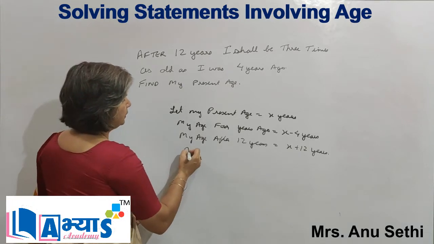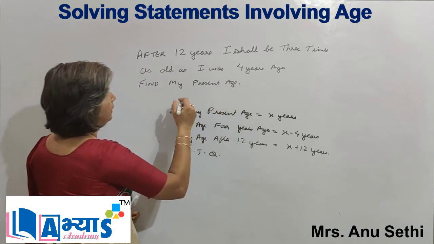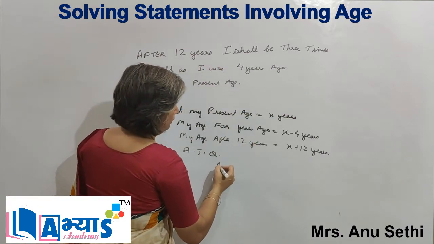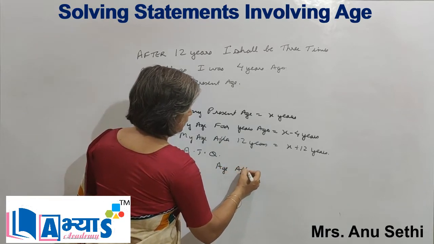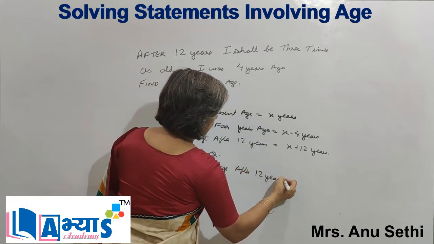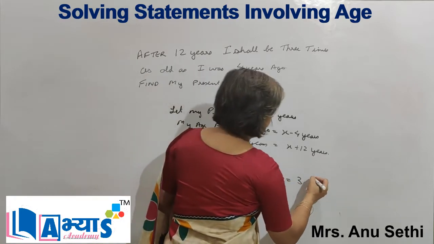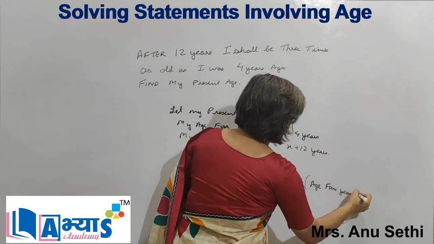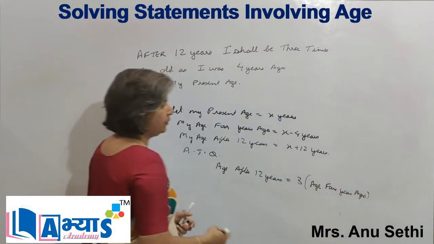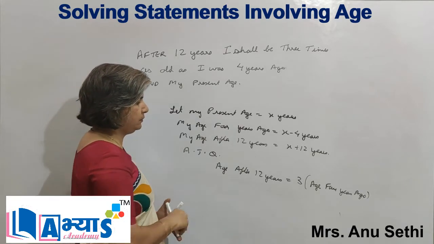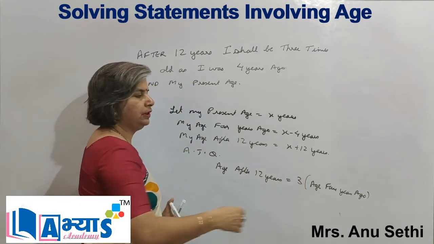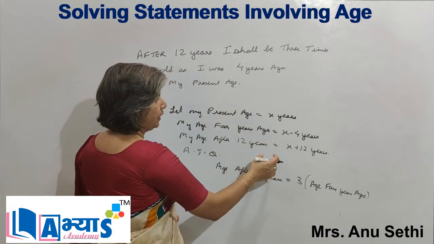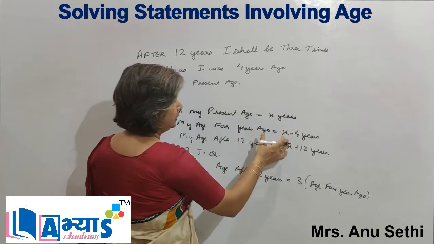Now according to the question, after 12 years I shall be 3 times as old as 4 years ago. So the age after 12 years is equal to 3 times the age 4 years ago.